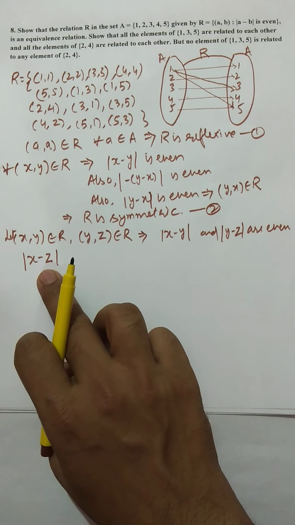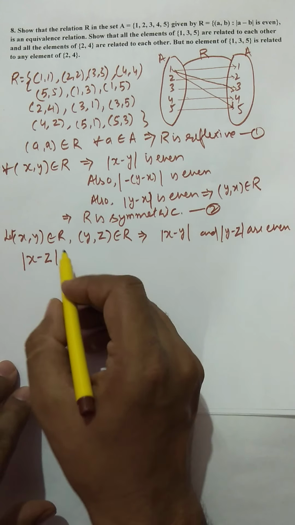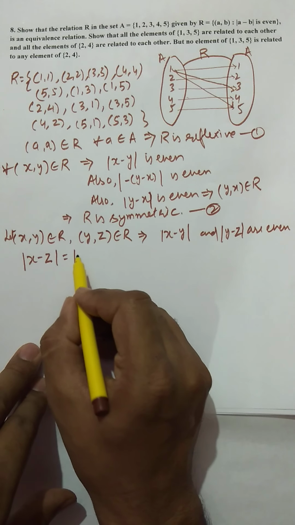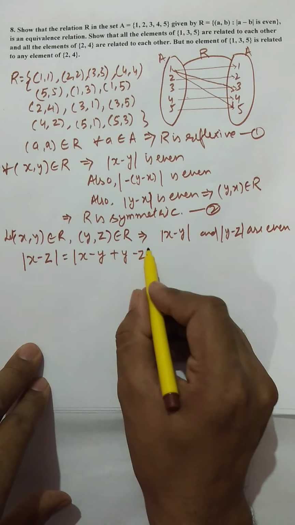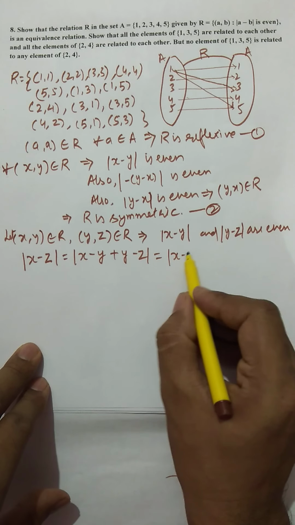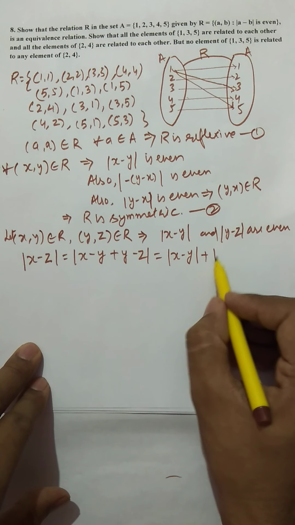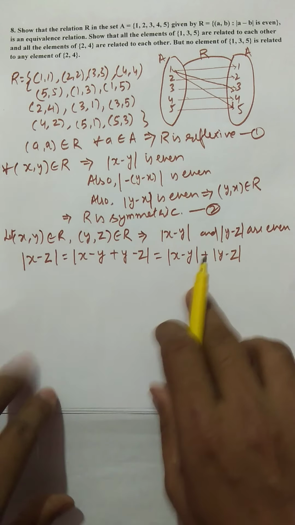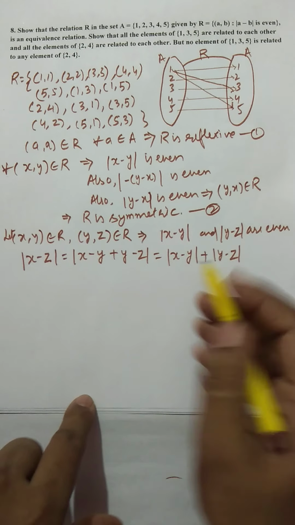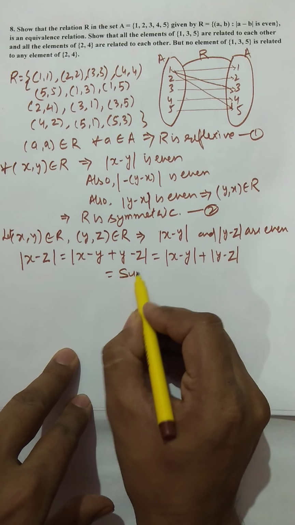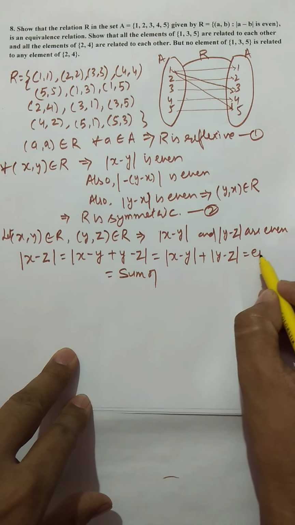If you want to show that this is a transitive relation, you can see now I'm adding y and doing y minus z. So it can be written as x minus y plus y minus z. This is the property of modulus. So this is even, this is even. So you can say this is sum of two even. This is even.